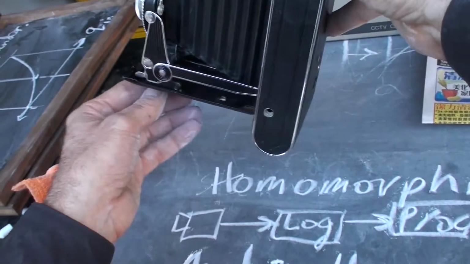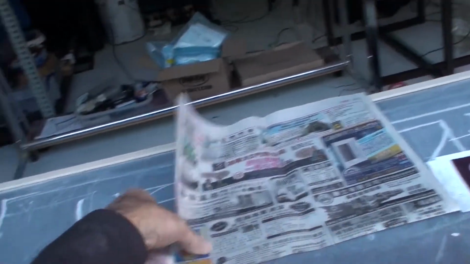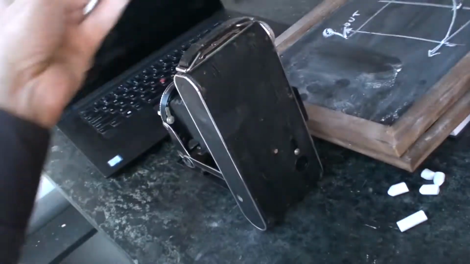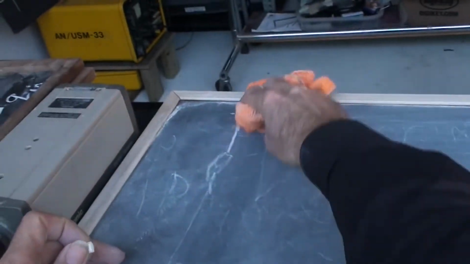If we look at what that does, I'll set these cameras aside for a moment, clear off some space. Let's look at what anti-homomorphic filtering does.